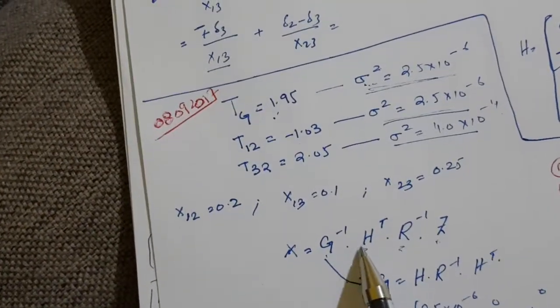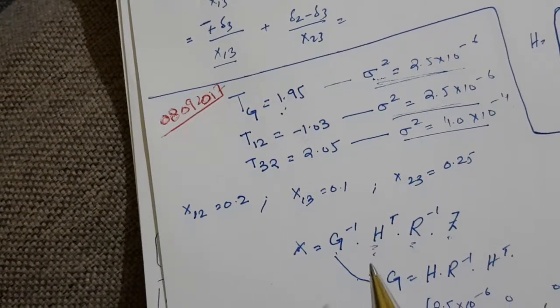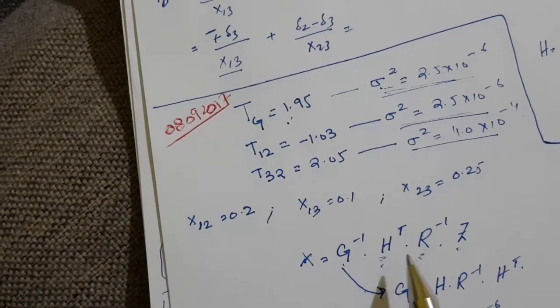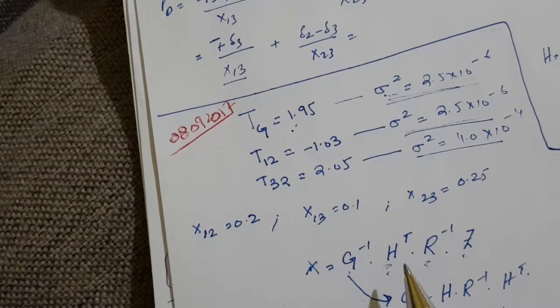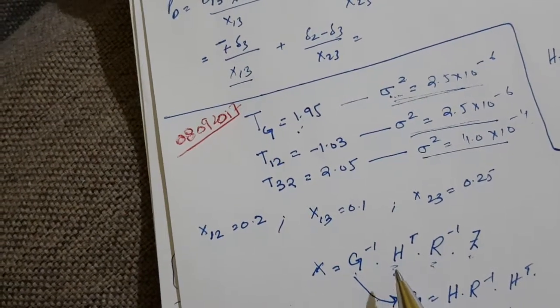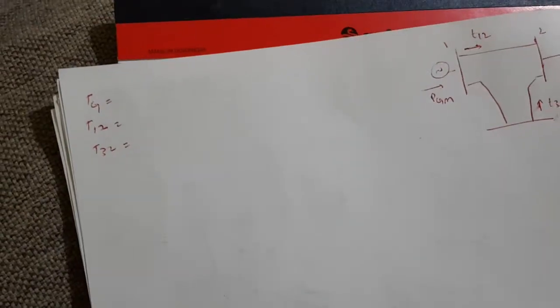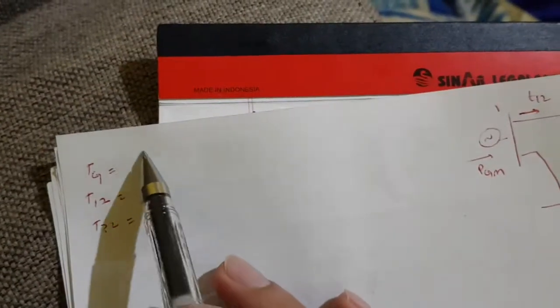Now we have to find the H, which is the most important part of state estimation questions. We have to take care of a number of things to consider while calculating H. So in the next page I have drawn again the diagram, and these are our T values.